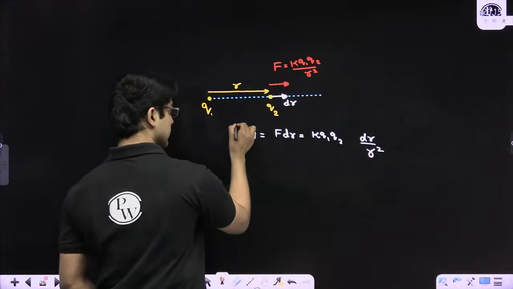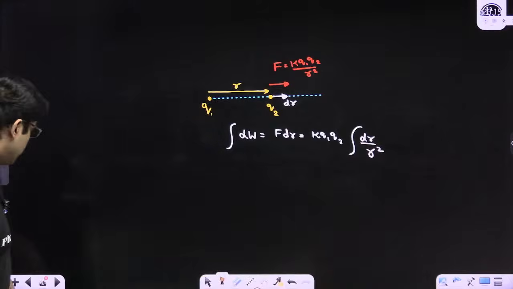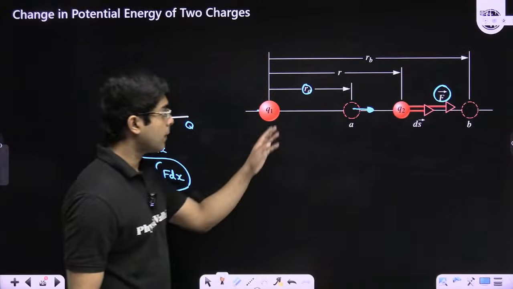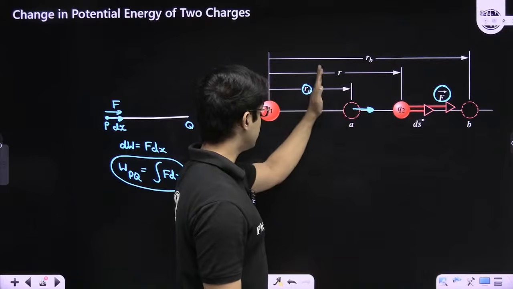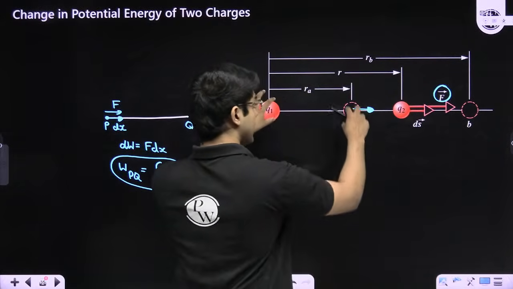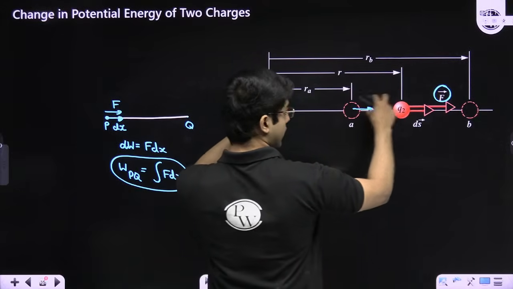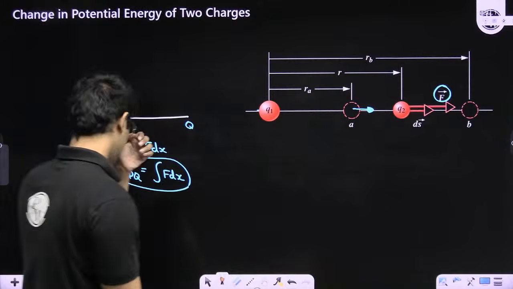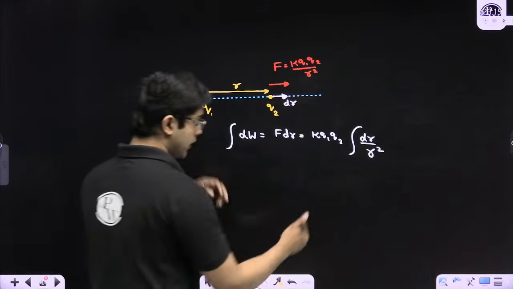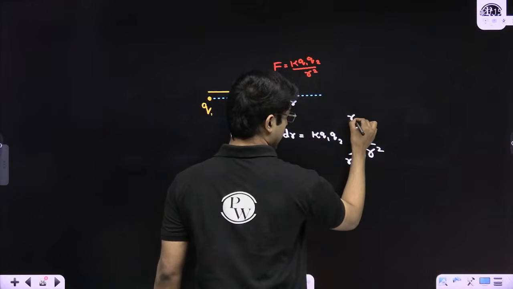Now let's integrate this. We need to calculate the work from RA, the initial location, till RB. Initially it was RA away from Q1, and now finally it is RB. So the initial r value is RA and we are moving it till RB.